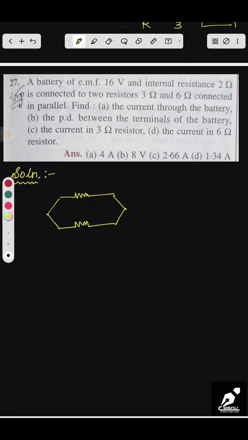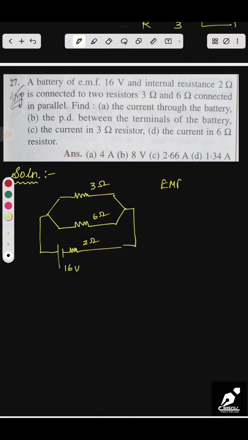So the internal resistance, these are the 3 ohm and 6 ohm resistances, and the battery is connected to the EMF. The EMF is given as 16 volt and the internal resistance is given as 2 ohm. Our diagram is complete.